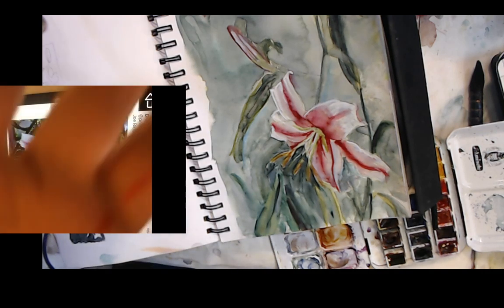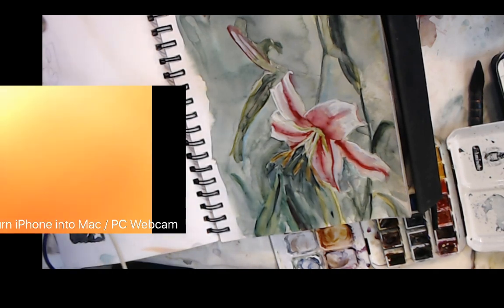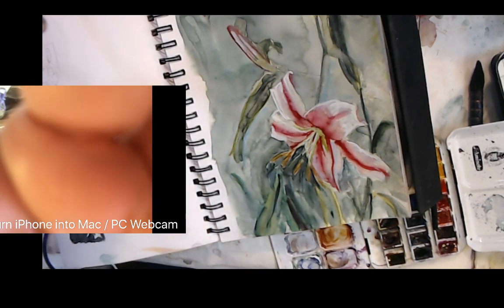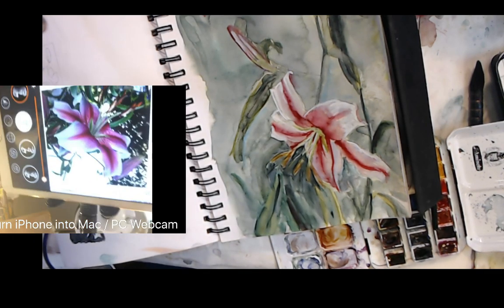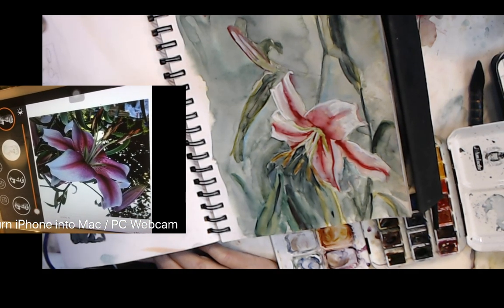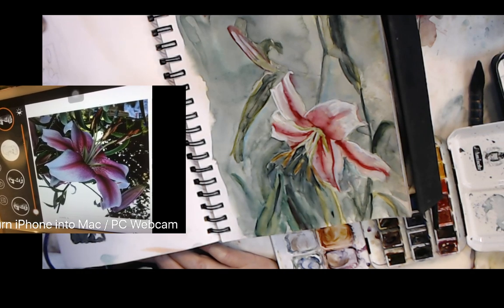I don't know why it's doing that. Technology is wonderful. There you go. All right, now you can flip any minute now.